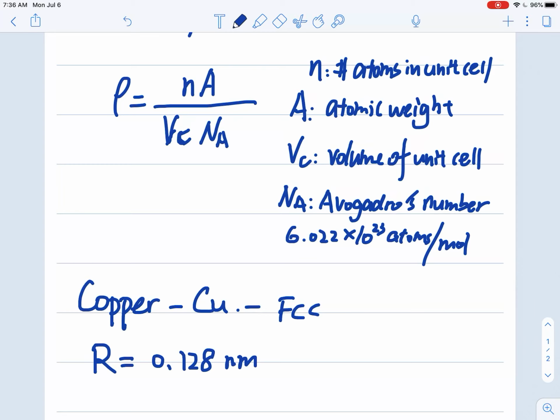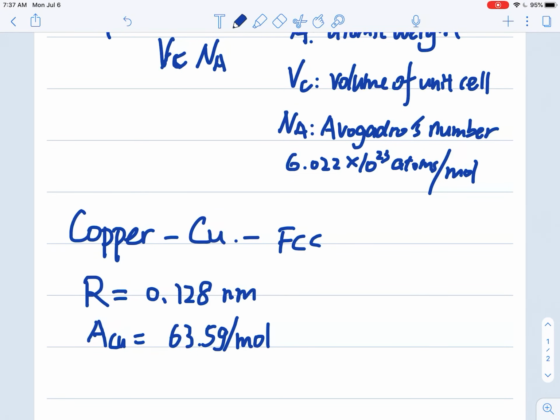And it has FCC crystal structure and the atomic weight A for copper is 63.5 grams per mole. Okay, now those are all the information we know.